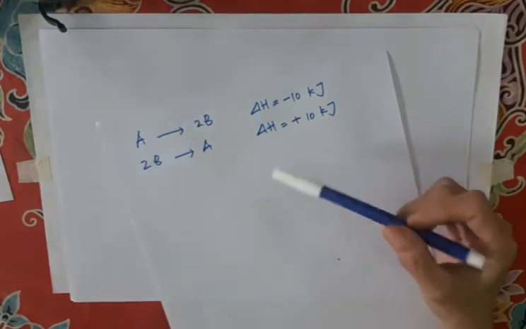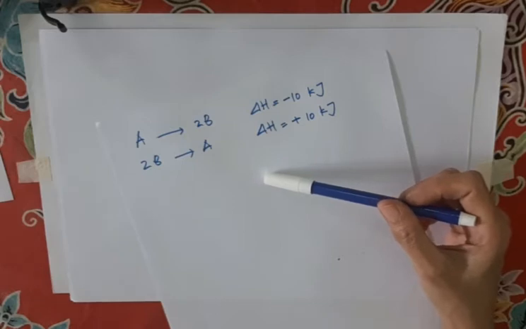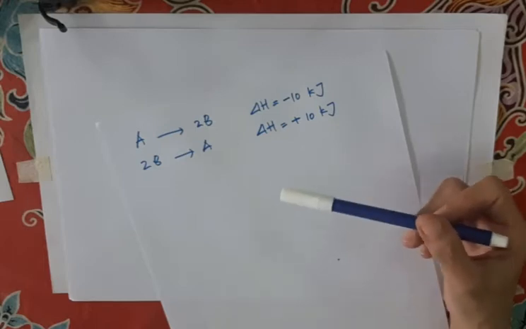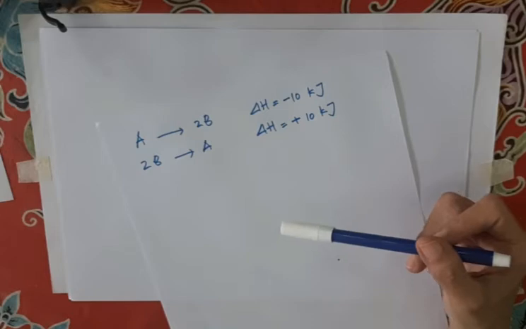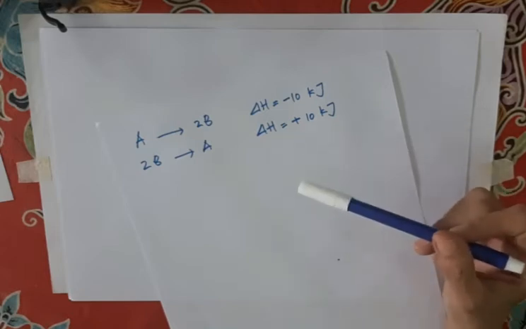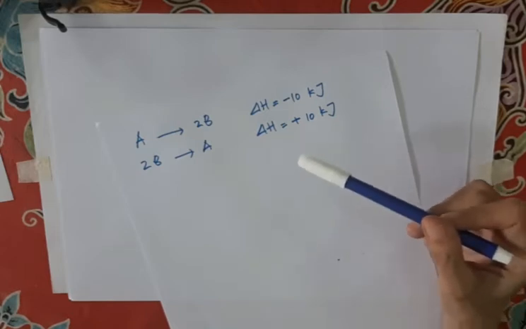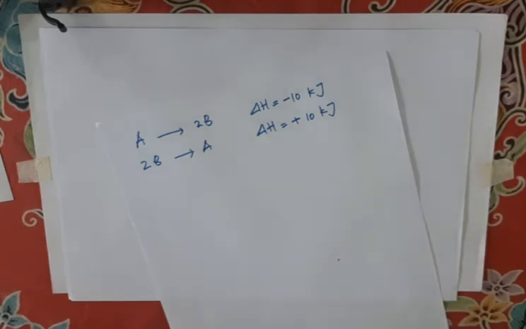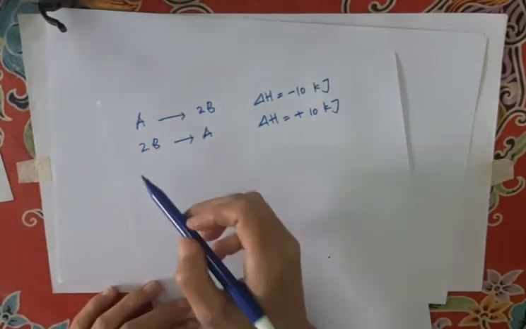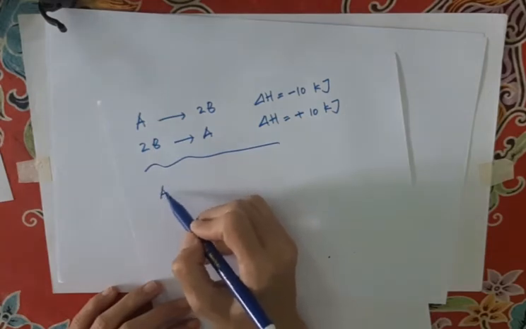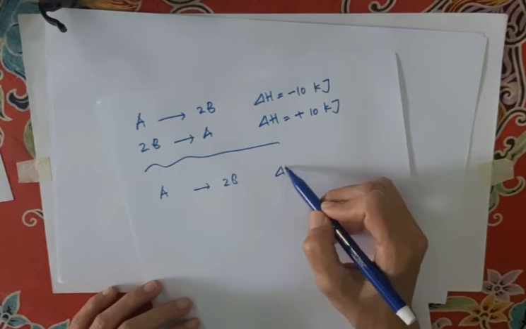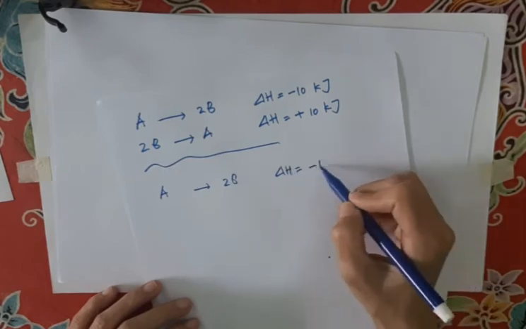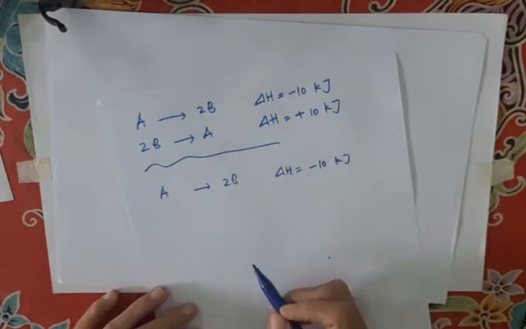Hope you get this. And the third basic concept is when a reaction is multiplied by a certain number, the value of delta H is also multiplied by that number. For example, we have A turns into 2B with delta H minus 10 kilojoule.